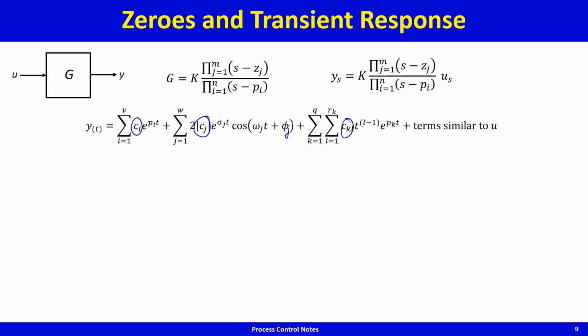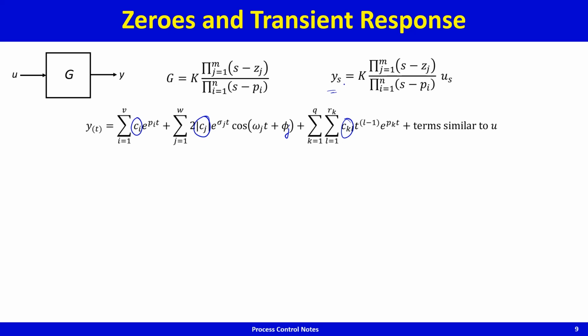The partial fraction coefficients will change depending on what's there in the numerator of the expression for Y(s). And it is because of this that the linear combination of the exponentials or the eigenfunctions changes. Because you are combining them differently because of the zeros, the dynamic response will be different. So the zeros affect the dynamic response through the partial fraction coefficients.